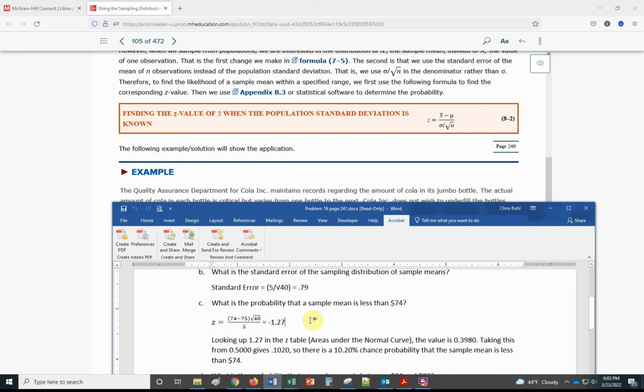Well, great. What do we do with that? Well, we look that up in a table, and that table is B3 in the back of your book, or another Z table. If you look online, you can find it. We want to look up 1.27, so let me show you how to do that.